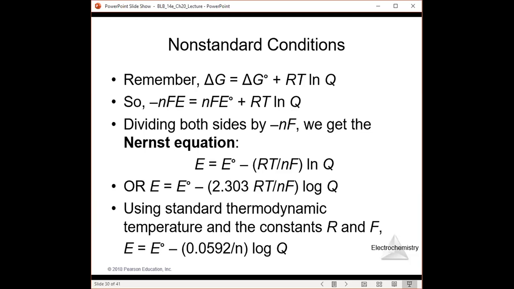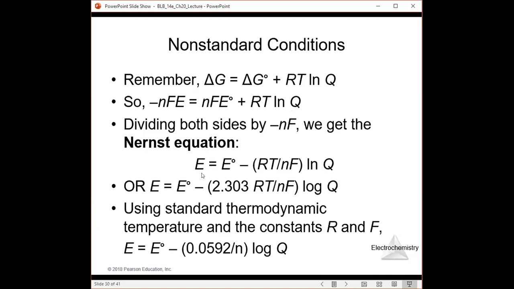And we talked about that back in chapter 15. All right, if you divide both sides by negative NF, you get what we call the Nernst equation.